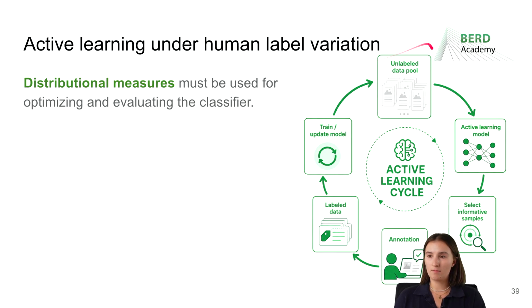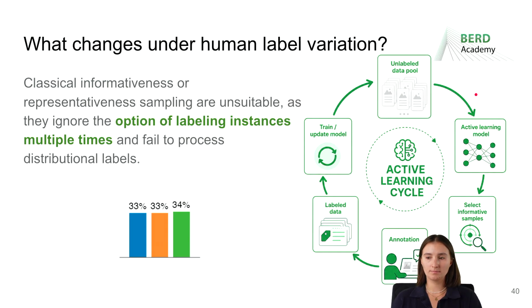Then we see the unlabeled data pool and the active learning model are the next steps. And specifically, we're looking at the acquisition functions. So how does the active learning model decide which instance to label next? Oftentimes, the classical informativeness or representativeness samplings are unsuitable.